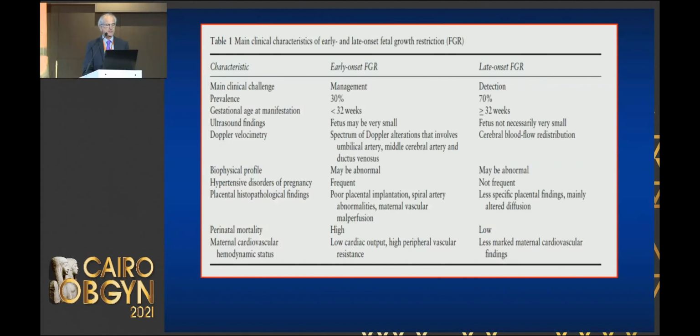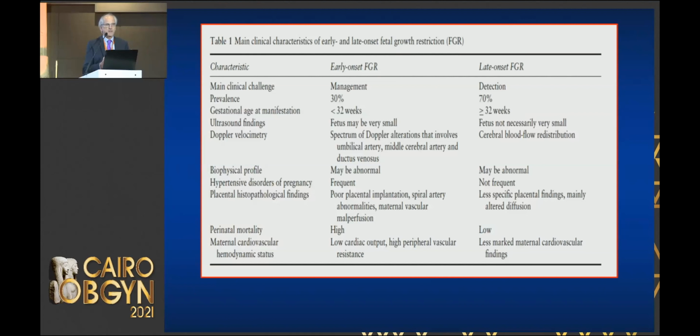Doppler changes are expressed in early fetal growth restriction in the umbilical artery, the middle cerebral artery, and the ductus venosus. We are going to talk about that in a minute. And in late onset, it is mainly cerebral blood flow redistribution. You don't look at the ductus venosus anymore then. Hypertensive disorders of pregnancy are frequent with early fetal growth restriction, and they are not frequent with late fetal growth restriction.